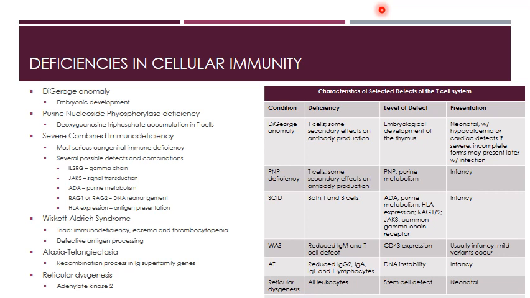So the most severely affected kids will present actually in the neonatal period. The patient, the fetus, will actually have neonatal seizures, which is called tetany. And that's usually caused by problems with their parathyroid gland.